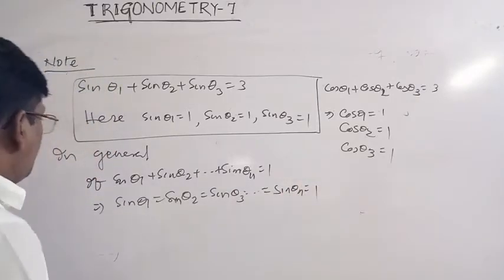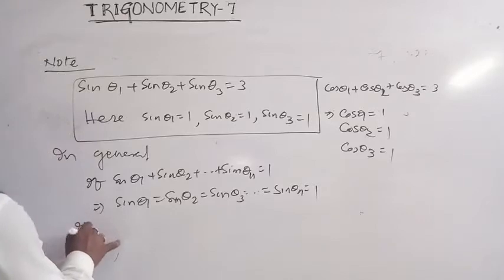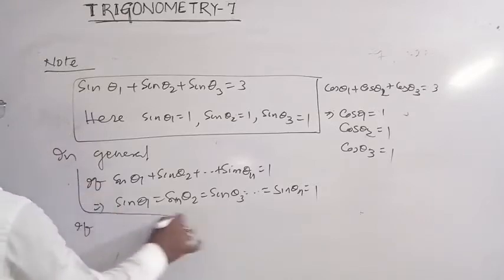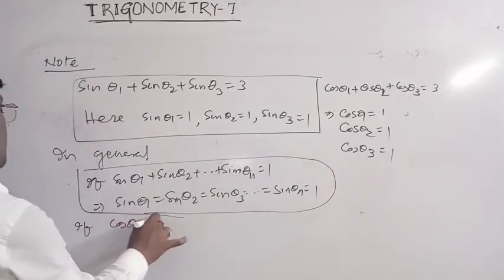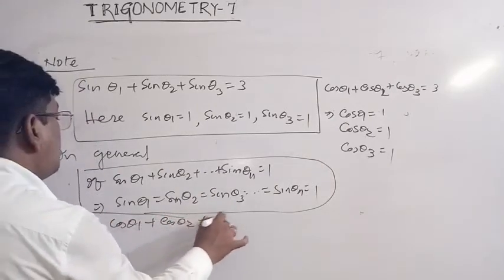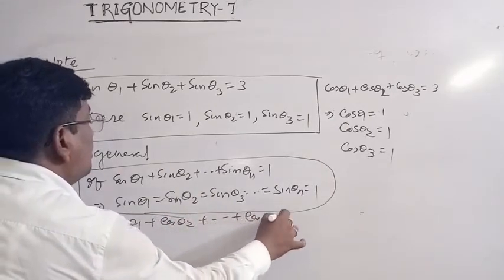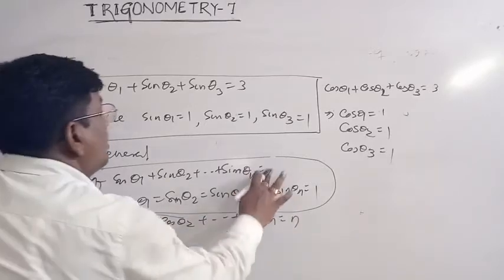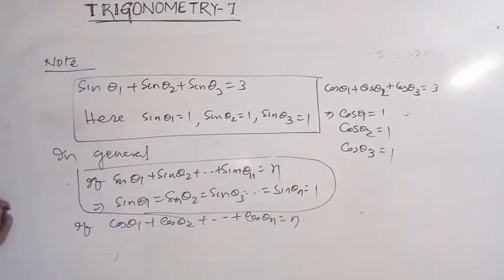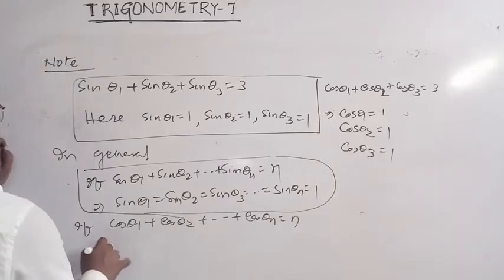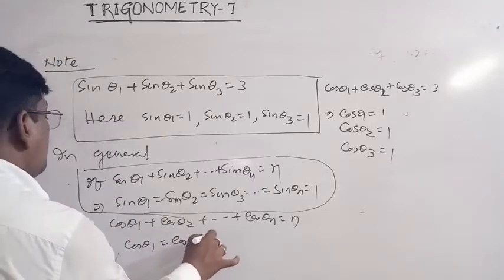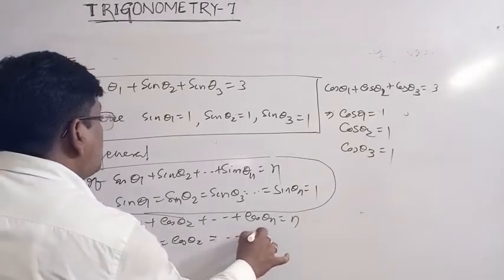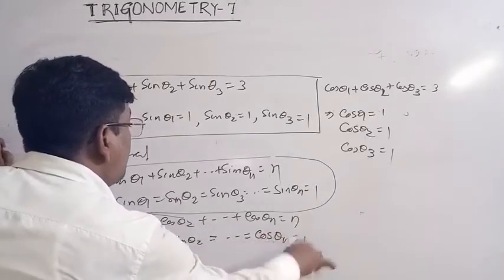Okay, similarly for cos, another note: if cos theta 1 plus cos theta 2 plus up to cos theta n is equal to n, this is not 1, this is n. So cos theta 1 is equal to cos theta 2 up to cos theta n, each value 1.